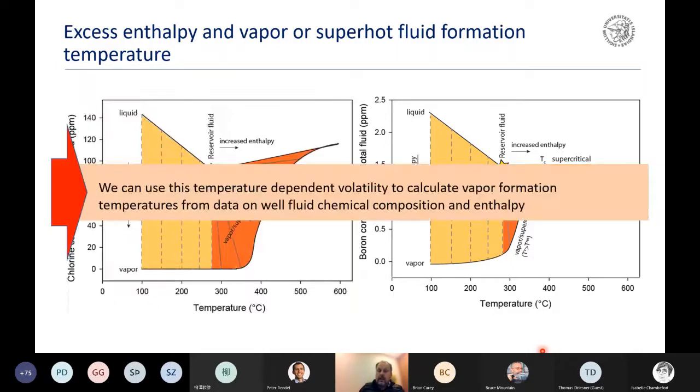And basically, we can turn these temperature-dependent volatilities of these two elements into temperature, knowing the total composition of a well discharge and its enthalpy. We can look at the boron and the chlorine content in the total well discharge and calculate the cause or potential cause and the respective temperature of the excess vapor in that particular discharge.